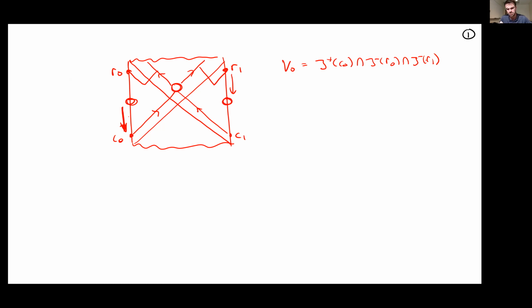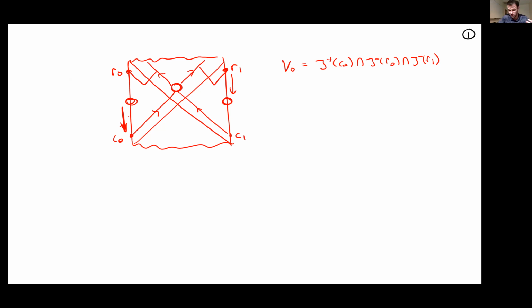I think it makes sense. R0 and R1 can be a bulk point, right? R0 and R1, they should be boundary points to relate what happens in the bulk and the boundary. You want your inputs and outputs to come in from and go out to infinity.